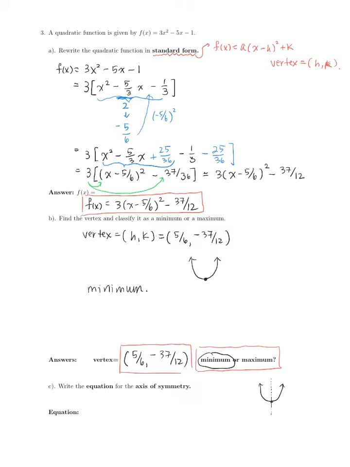The equation of a vertical line is expressed by x equals something. So what's the x coordinate of the vertex? 5 over 6. That's a 5, by the way, sorry, it looks so ugly. So you're going to have x equals 5 over 6, and that's going to be the equation of the axis of symmetry.